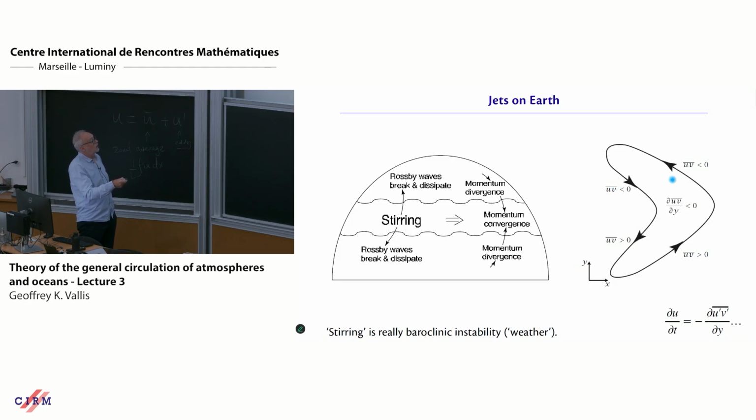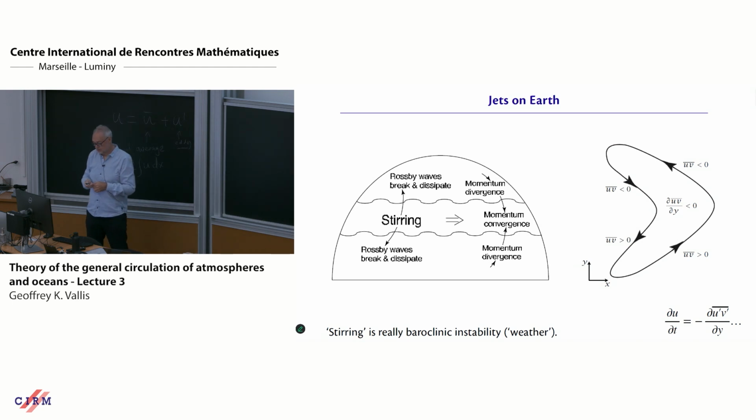And here, for example, U is negative, V is positive, so UV, the product, is negative. UV is also negative over here, but UV is positive on the south side of the stirring area, which is here. So d by dy of UV is negative, and that will converge momentum in because the acceleration of the flow is proportional to the negative of d by dy of UV.